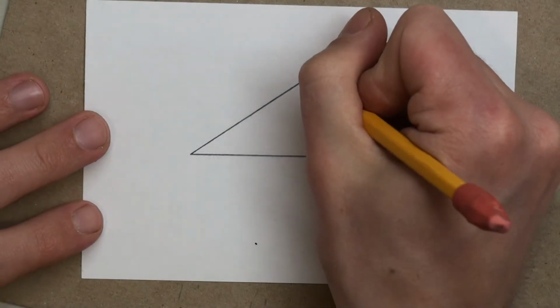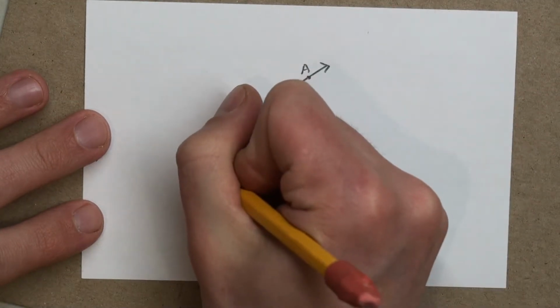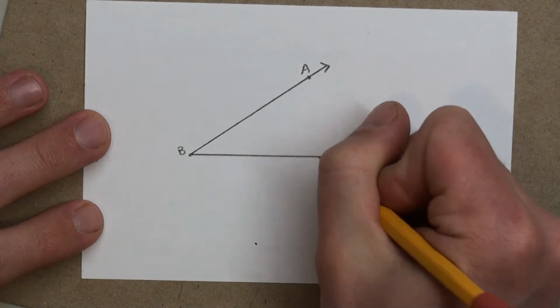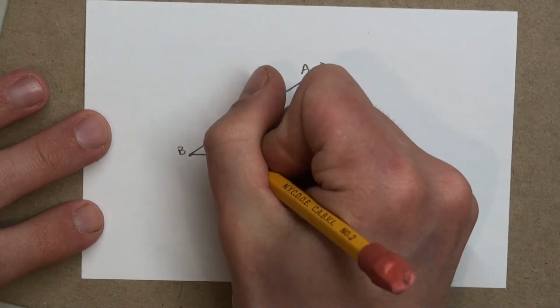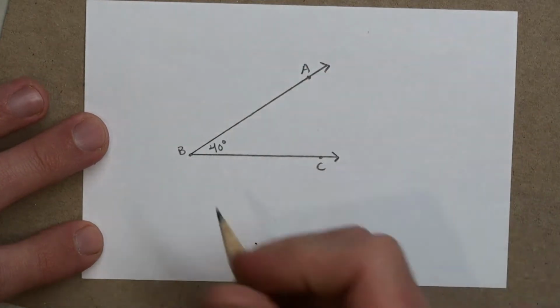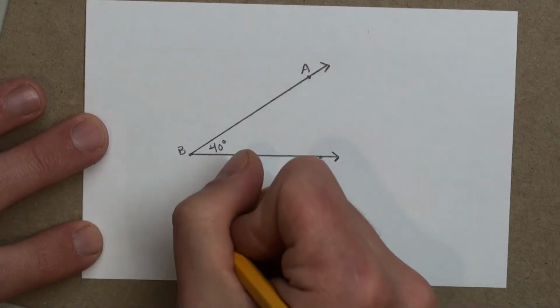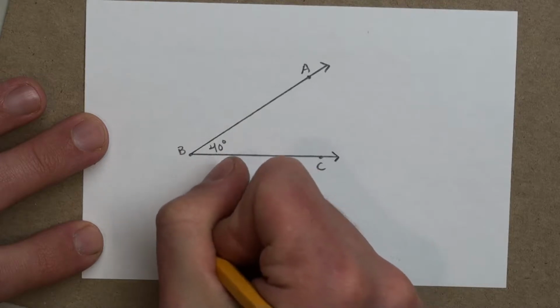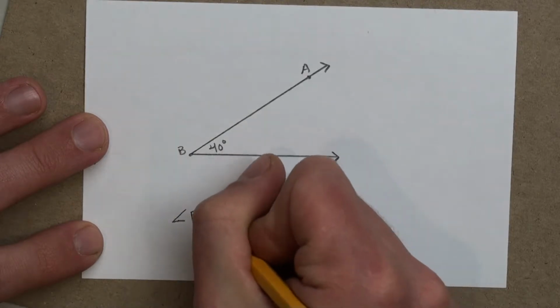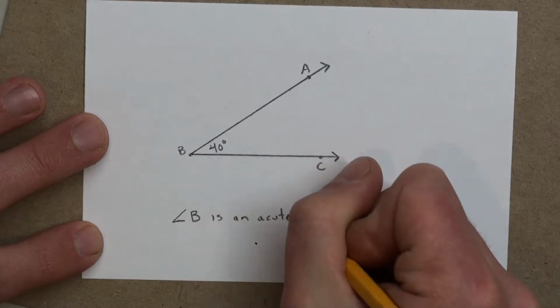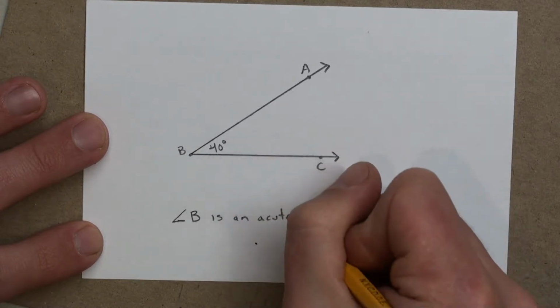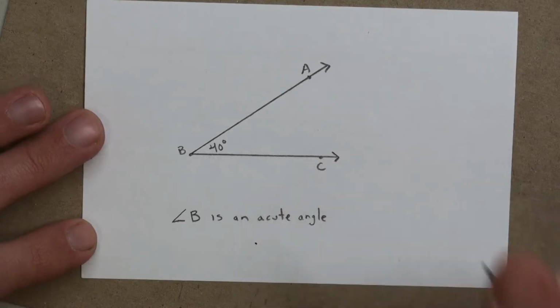Let's say this was A, B, C, and let's say this is 40 degrees. So angle B is an acute angle. Okay?